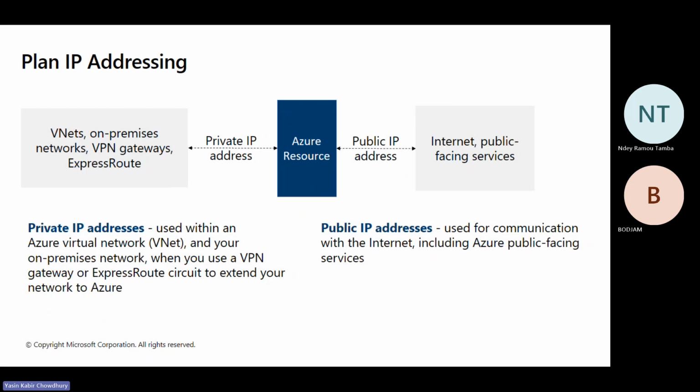In our PCs, we are using private IP addresses, so I cannot access your PC, and you cannot access my PC, because my PC also uses a private IP address.